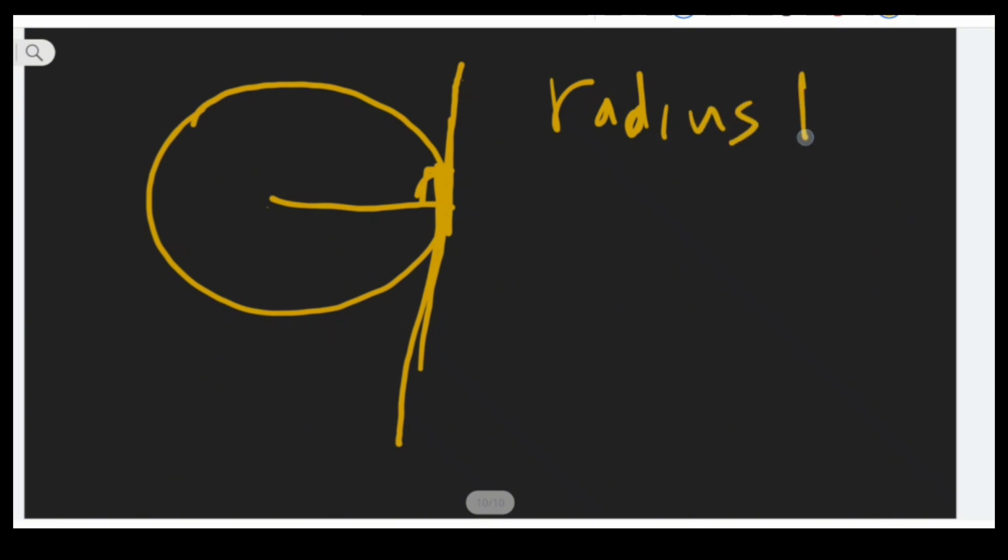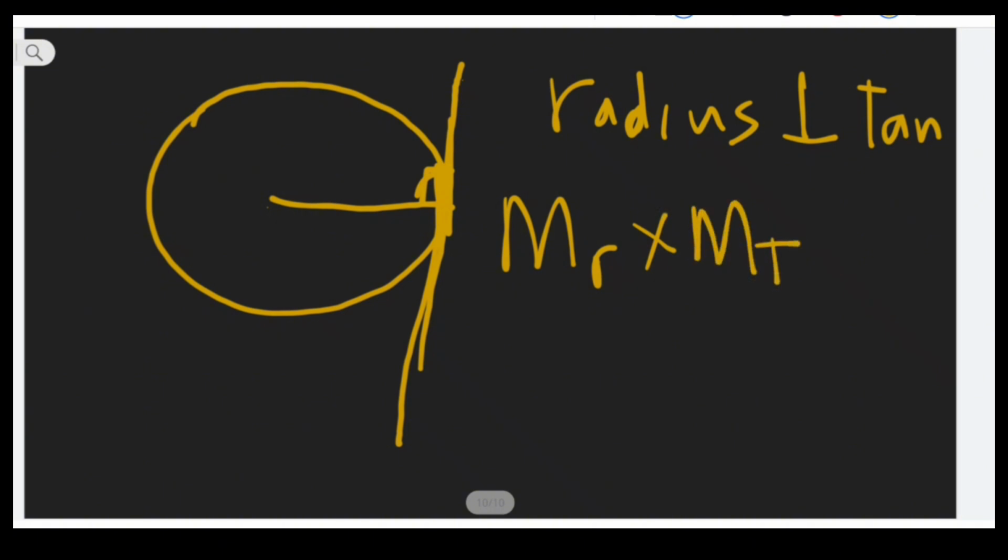The radius is perpendicular to the tangent, meaning m radius times m tangent equals -1. So if we have the gradient of a radius, we can find the gradient of a tangent. You have to know those properties.